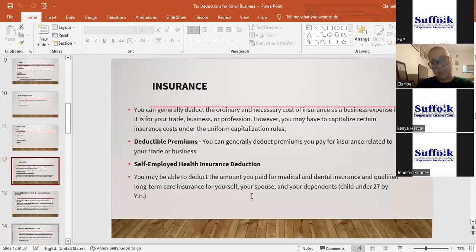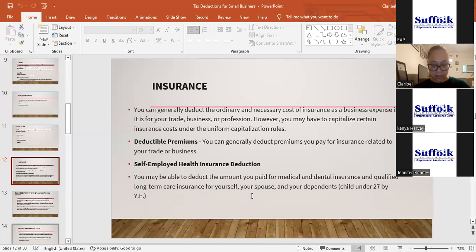And next, insurance for your business is deductible. You can generally deduct premiums you pay for the following kinds of insurance related to your trade or business. Insurance that covers fire, storm, theft, accident, or similar losses. Credit insurance that covers losses from business bad debts.